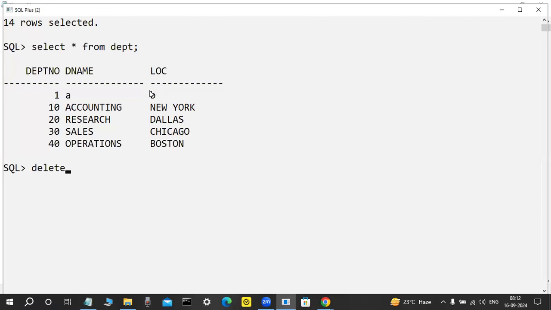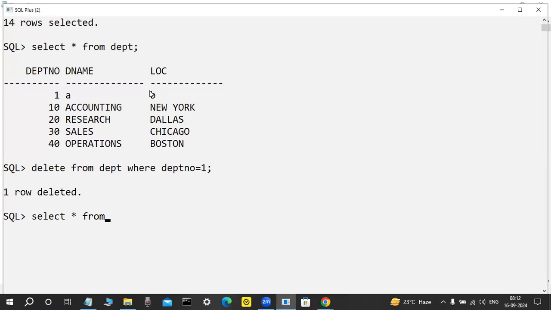You write some coding here. This type of coding is called SQL language. Just I am writing like this, then automatically, yes, here, one row deleted.